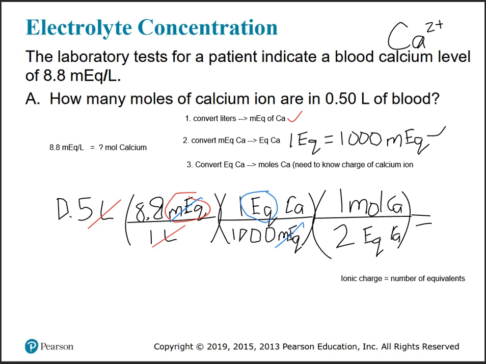Now we just have to do the multiplication. So when you put this into your calculator, you're going to multiply 0.5 times 8.8, divide that number by 1,000, and divide that number by 2. Put that into your calculator, see what you get.